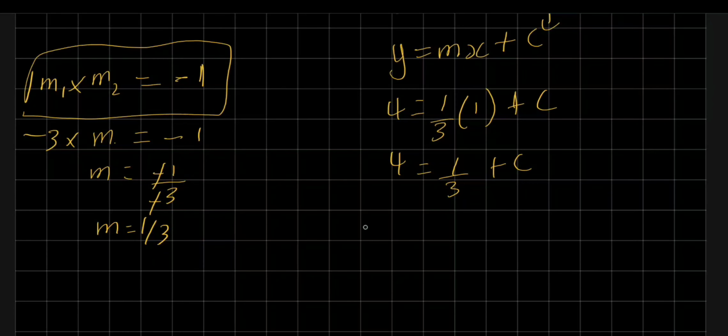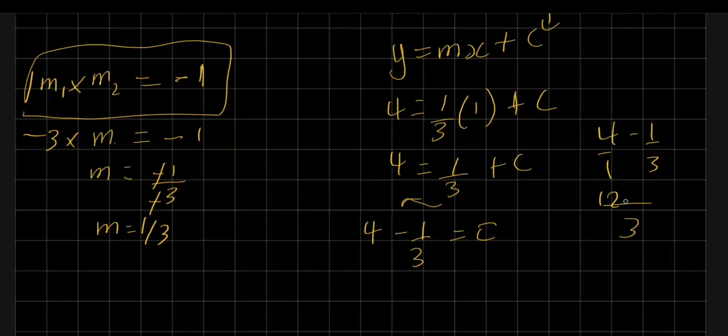And 4 subtract 1 over 3 is equal to c. Take it over the equal sign, it becomes subtract. So 4 minus 1 over 3: 3 times 4 is 12, subtract 1 is 11. This is equal to 11 over 3. So c is equal to 11 over 3.